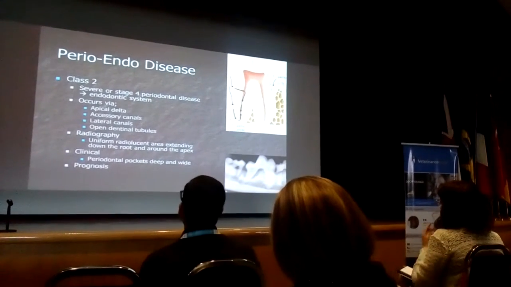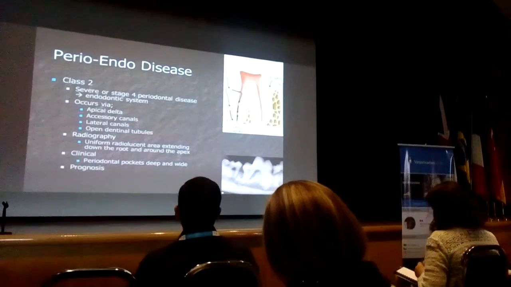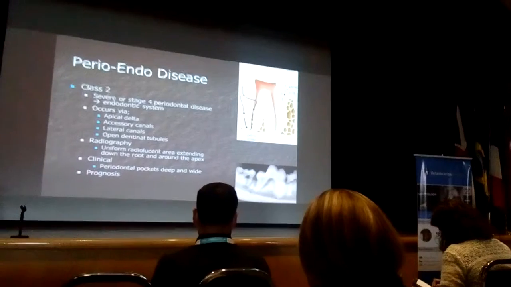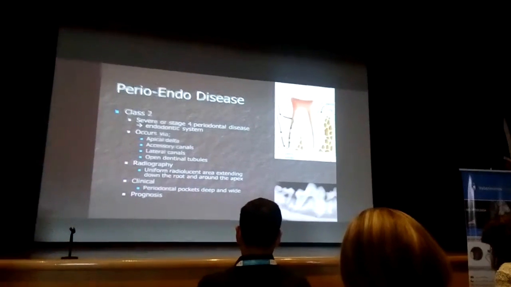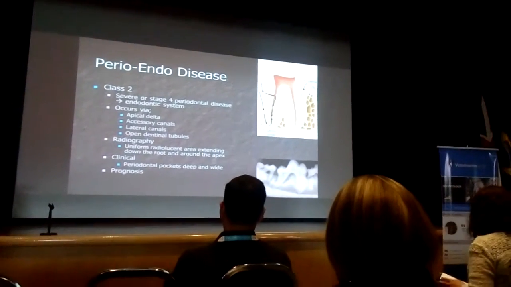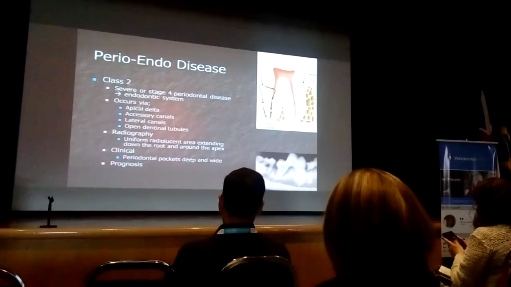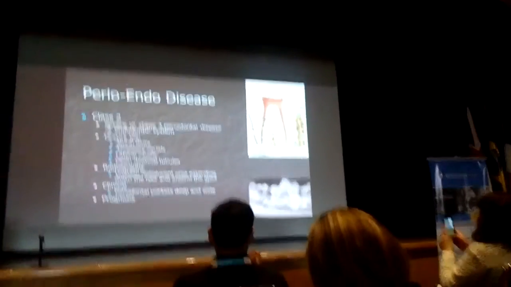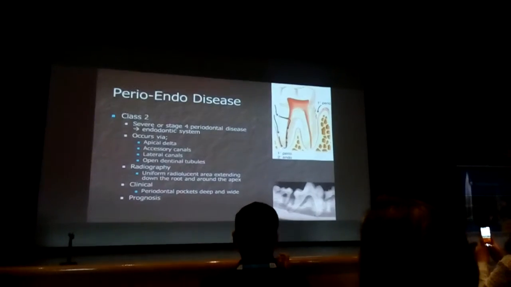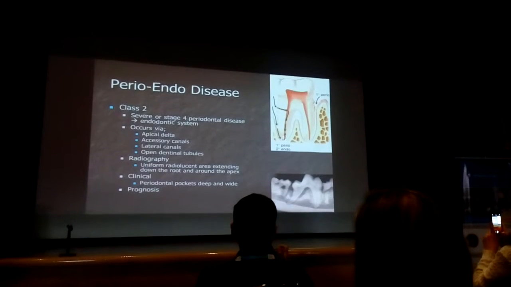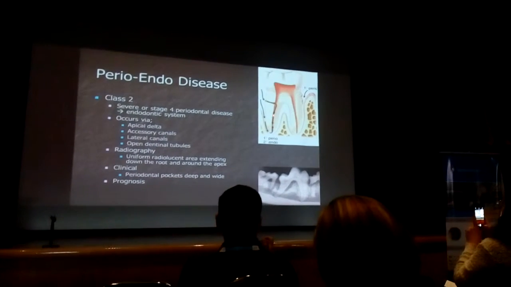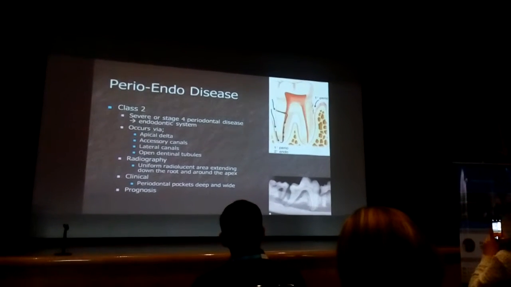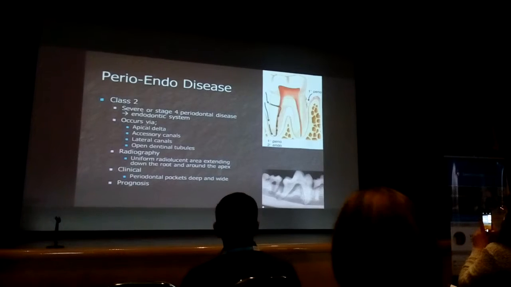With perioendo disease, class 2, as the name says, the perio came first, and then the endodontic infection came second. So in this case, what we have is periodontal disease here in the gingival sulcus, extending down to the apex of the tooth, and then going into the tooth through the delta foramina and into the endodontic system, and getting infection that way.